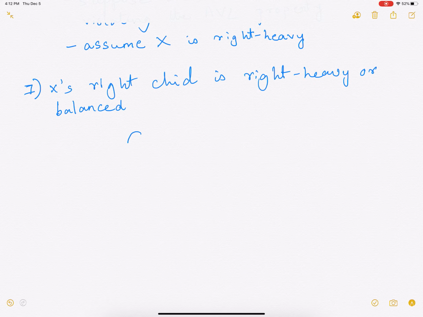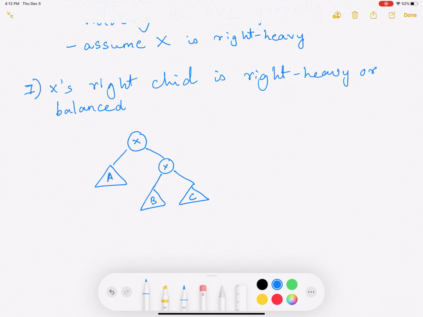So let's assume that this is X. Then there is Y here. Then there is A, which is the left subtree of X, and at Y, there are two subtrees, B and C. Now, what I'm going to do here is write the heights.